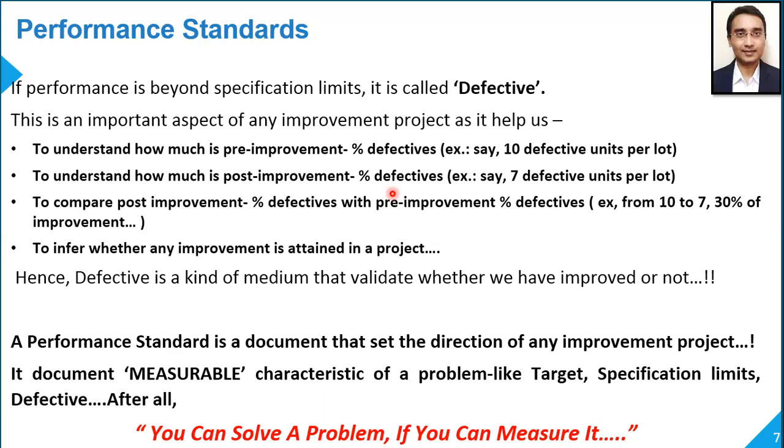So we can calculate the post-improvement percentage defective, and compare it with the pre-improvement percentage defective. If previously we had 10 defective units in a lot and now it is 7, from 10 to 7 we have reduced the number of defectives by 30%.